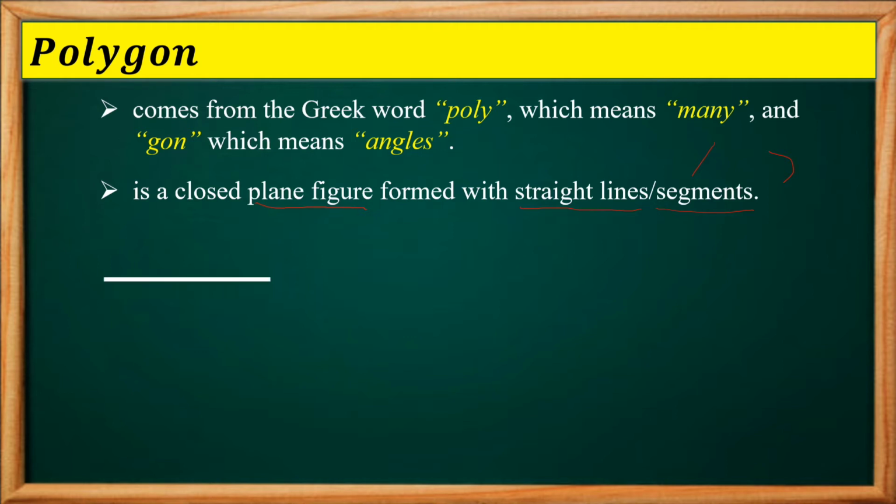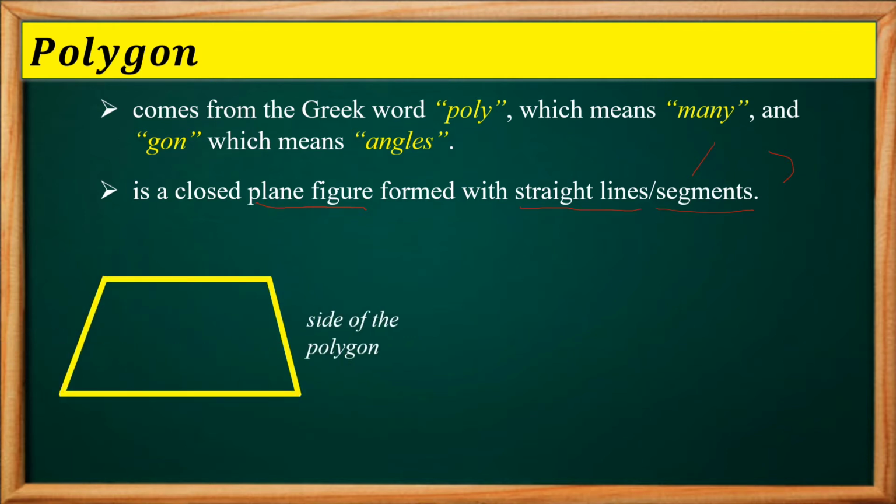Now, as you can see, nakikita ninyo na meron tayong mga different segments. Because of these different segments, it is closed. Then each of these line segments is what we call the side of a polygon. Remember, it is a closed plane figure.